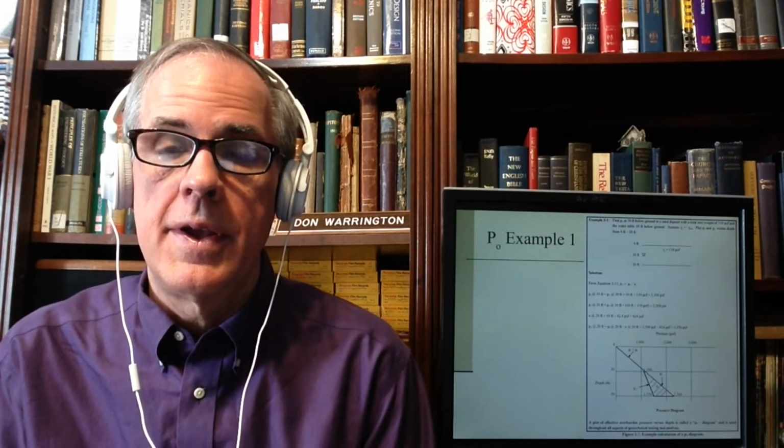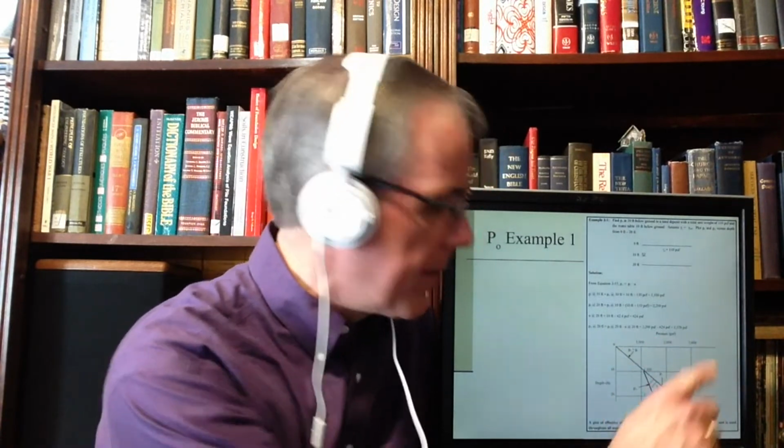The effective stress at 20 feet is equal to the total stress at 20 feet minus the pore water pressure, which is exactly what this equation is all about. And you get an effective stress of 1,576 PSF at 20 feet. And that's the way you do it for all effective stresses. That's basically the technique that is used.